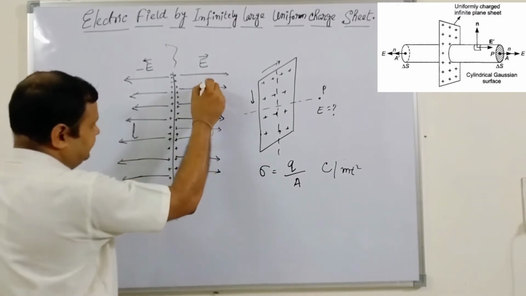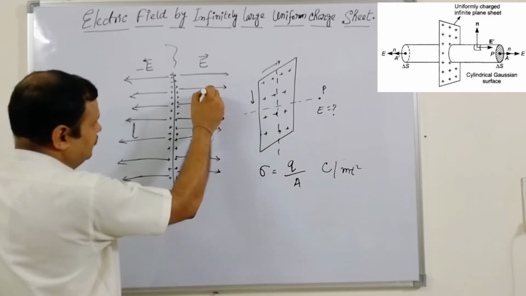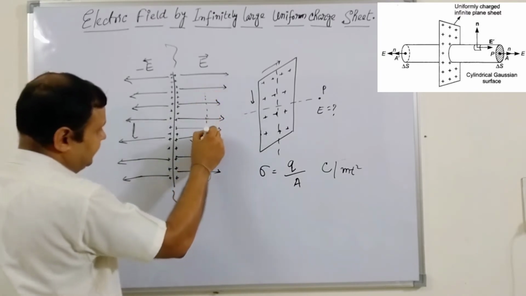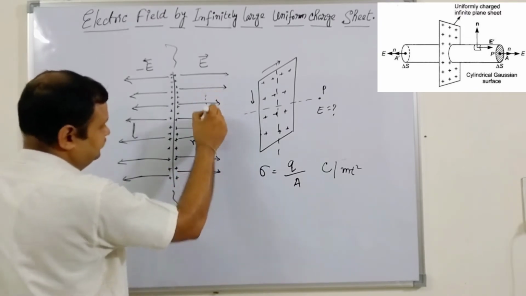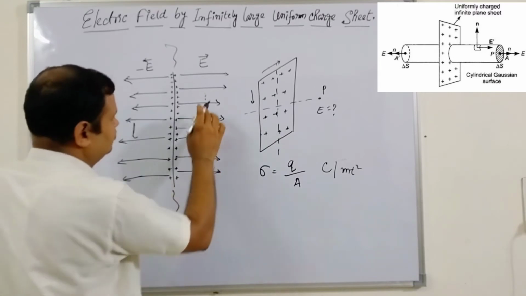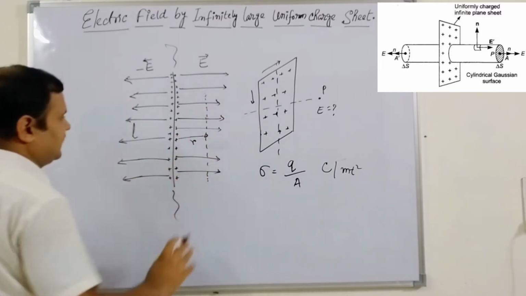Suppose this point is R. Now we have taken a distance of L. You may say this is L, a particular distance.